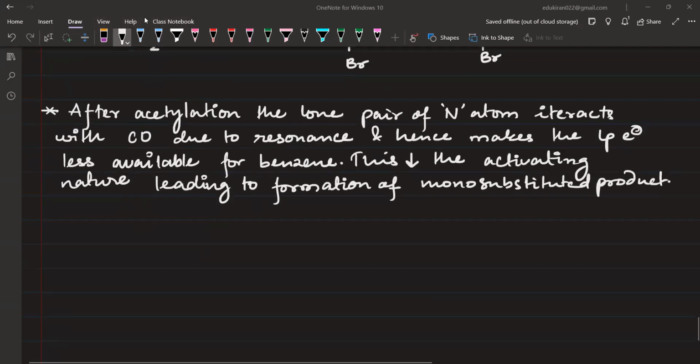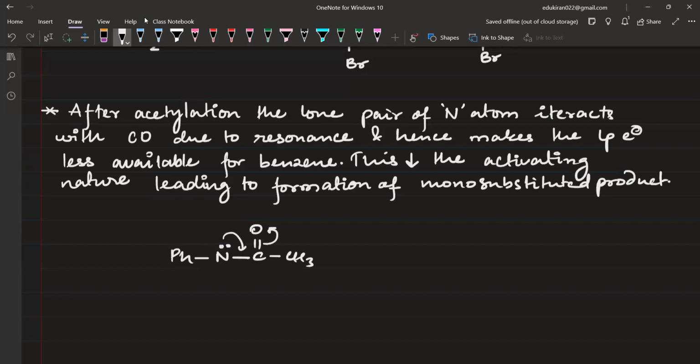ध्यान दीजिए. So if you have the benzene ring, then you have the nitrogen atom which is having C double bond O and then CH3, right? This is what we are getting after acetylation. This nitrogen lone pair is going here, this carbon's oxygen is going there, and you have the benzene ring, then you have nitrogen that is doubly bonded with carbon, then this carbon is singly bonded with O negative, then you have CH3. ठीक है, this is how the resonance is taking place. आप इसको diagrammatically भी show कर सकते हैं.